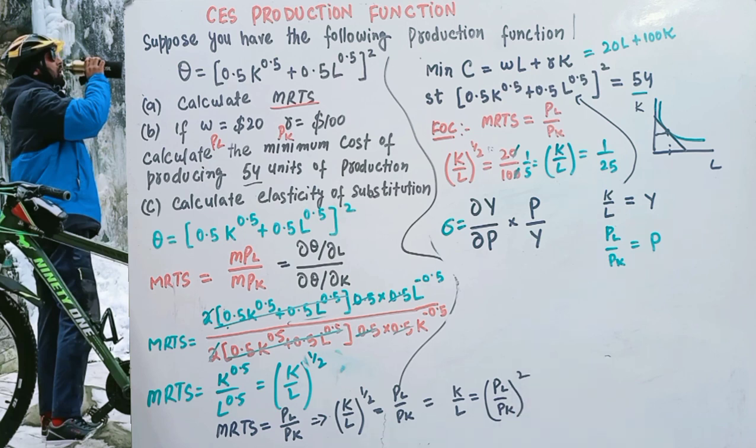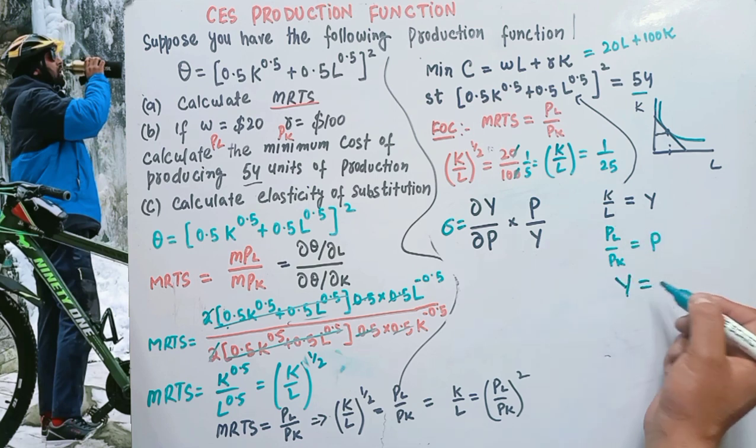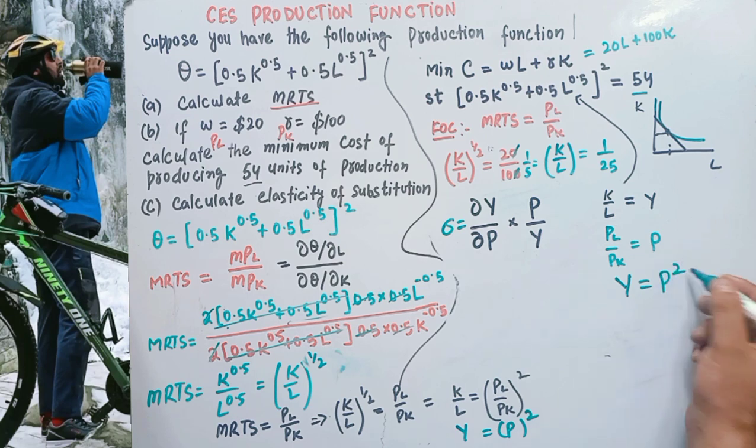Okay, that reduces K upon L, which we denoted by Y, should be equal to this. So this is our Y, this is our P, so Y is equal to P square.